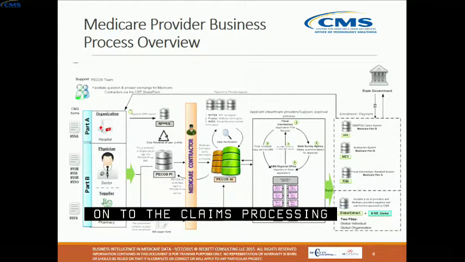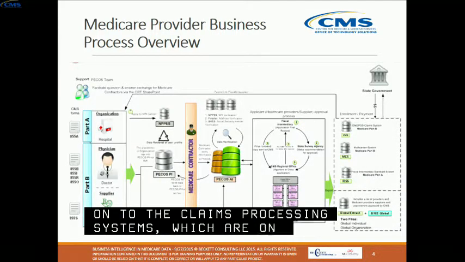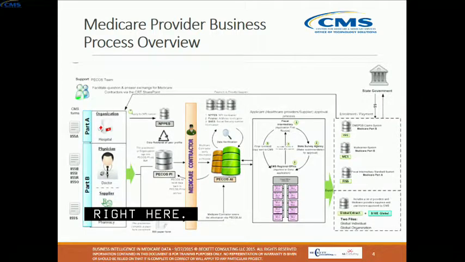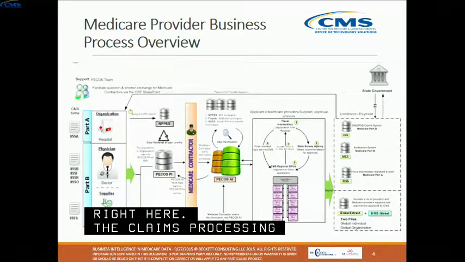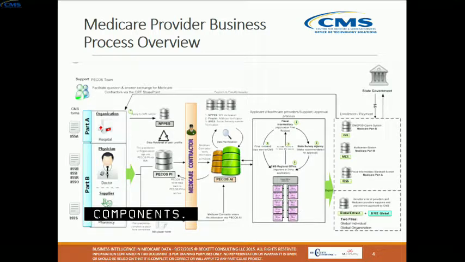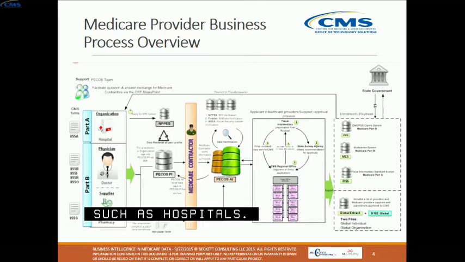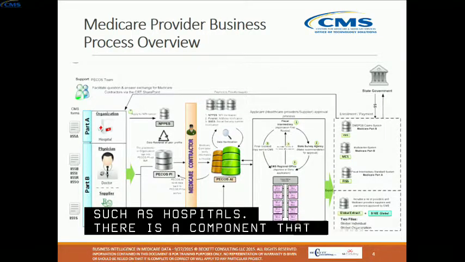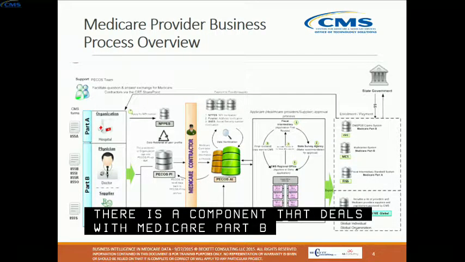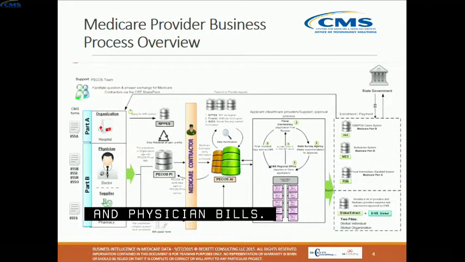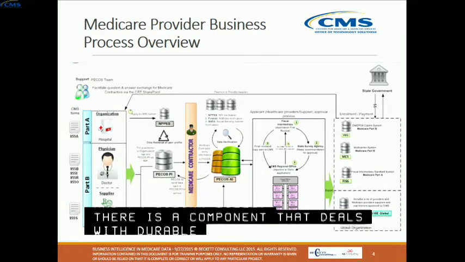The claims processing systems are broken into several components. There's a component that deals with Part A claims for institutional organizations such as hospitals. There's a component that deals with the Medicare Part B, clinical and physician bills. There's a component that deals with durable medical equipment suppliers as a separate part.